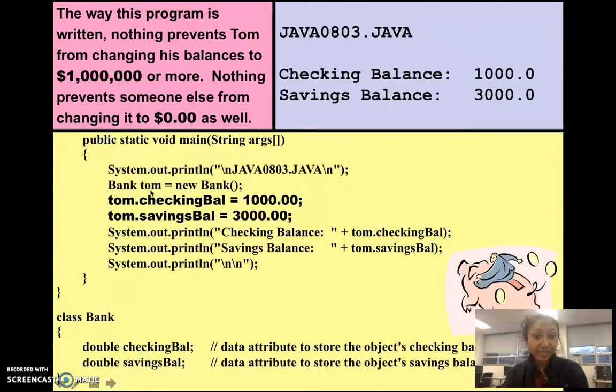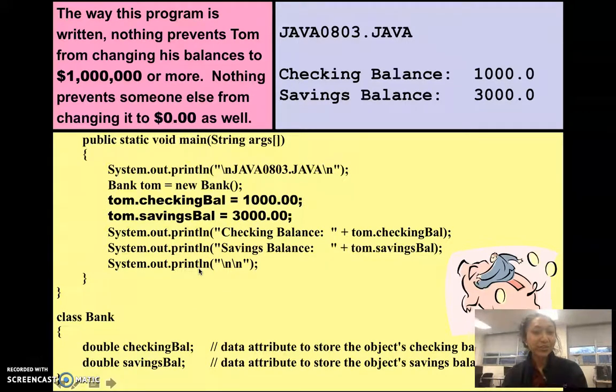In order to access these variables, which are in another class, you need to do tom.checkingBalance, and you modified it, right? tom.savingsBalance, and you modified it. It appears as though this modification can happen very easily and very randomly if you wish. You can assign it to whatever you want. Okay. All right.